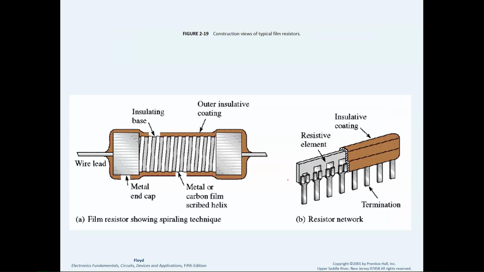So film resistors, if you have ones that are made of metal, what they're showing you in this particular one is a metal or carbon scribed helix. And again, you always have an insulated coating and you have it wrapped around an insulated base.